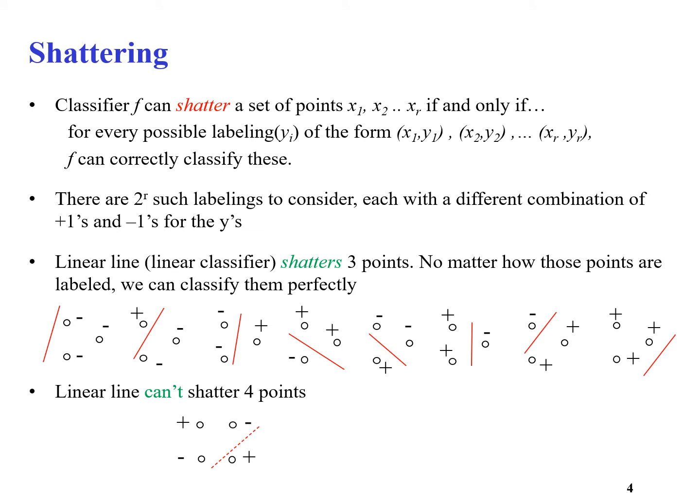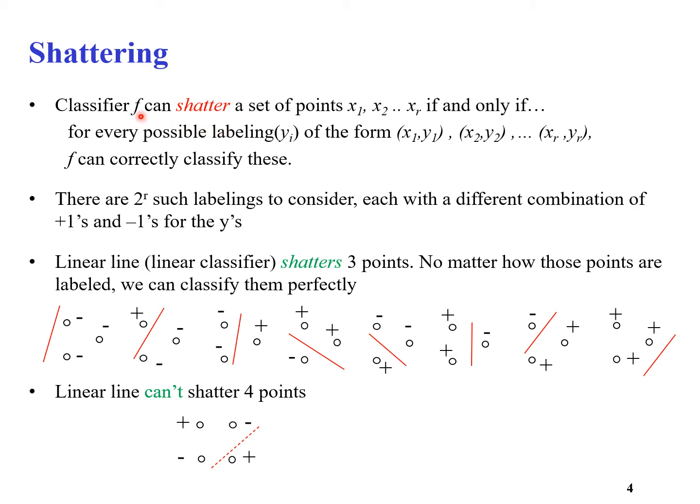Now we need to know the definition of shattering. The definition is as follows. Let's say we have a classifier F, and also we have R data points x1, x2, up to xr, and each data point comes with a class label y1, y2, up to yr.